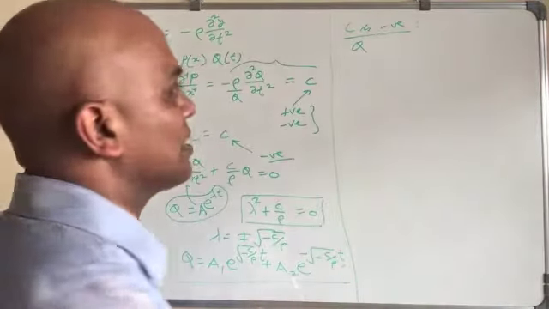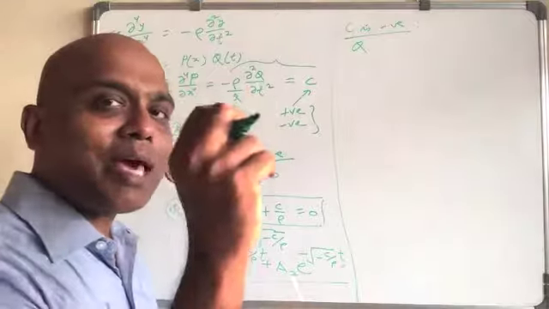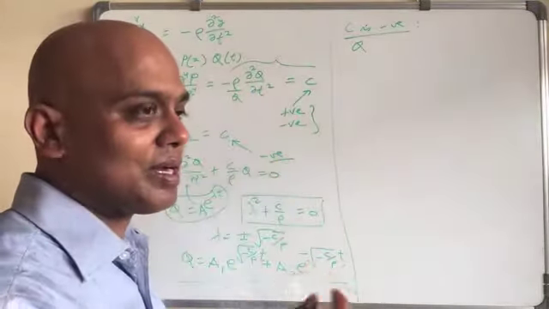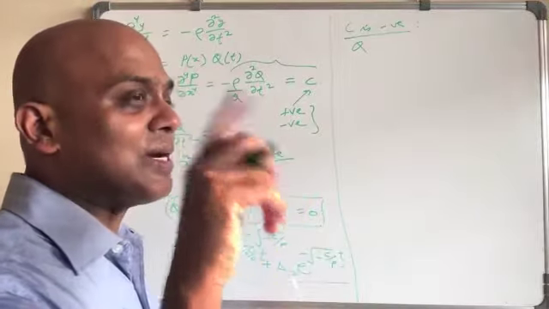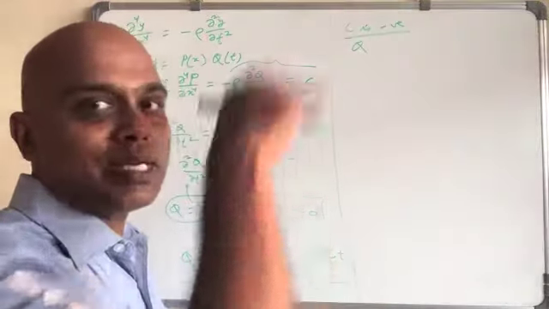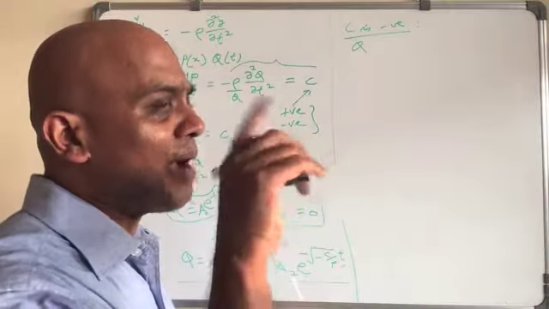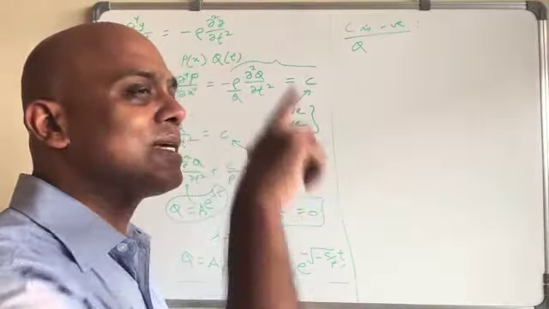This is not captured because we have e to the power alpha t, where alpha is a real number, which will keep on increasing, or e to the power minus alpha t, which will decrease and decrease.